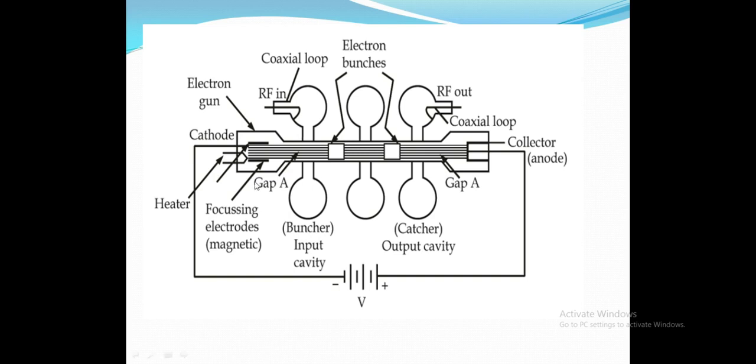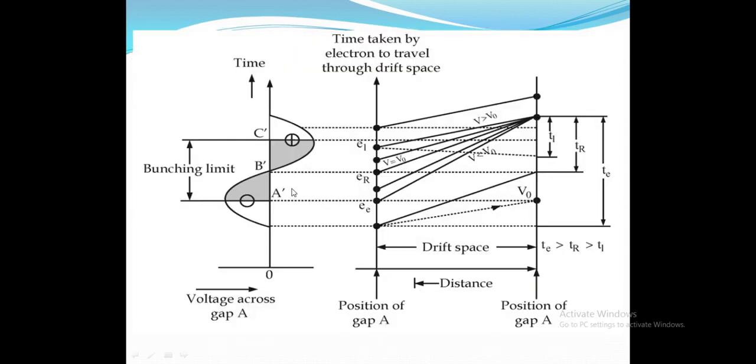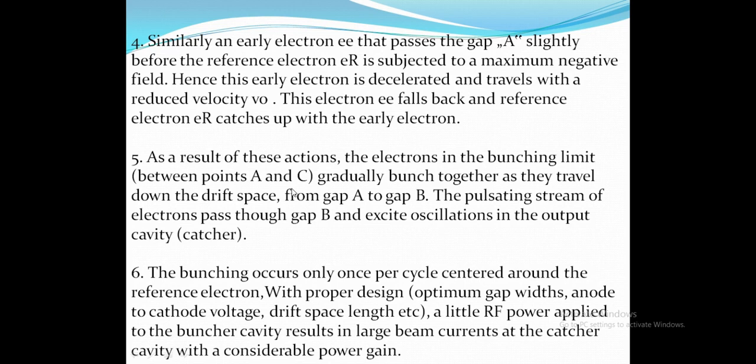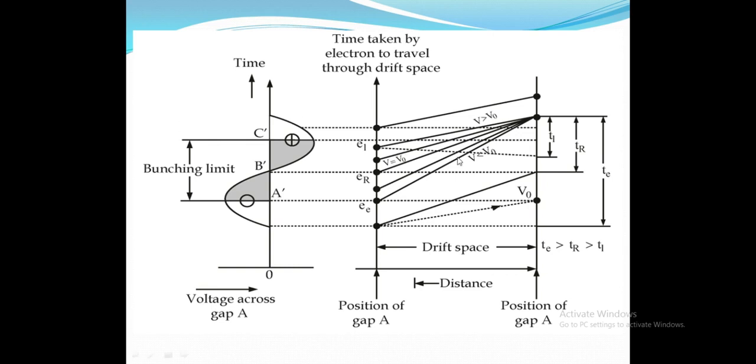Similarly, an early electron, EE, that passes gap A slightly before the reference electron ER is subjected to a maximum negative field. Hence, this early electron is decelerated and travels with a reduced velocity.